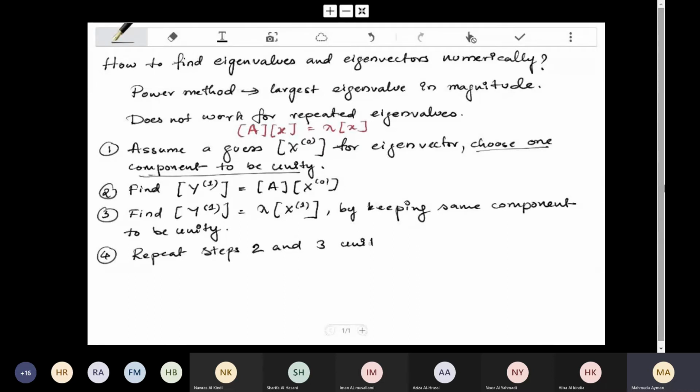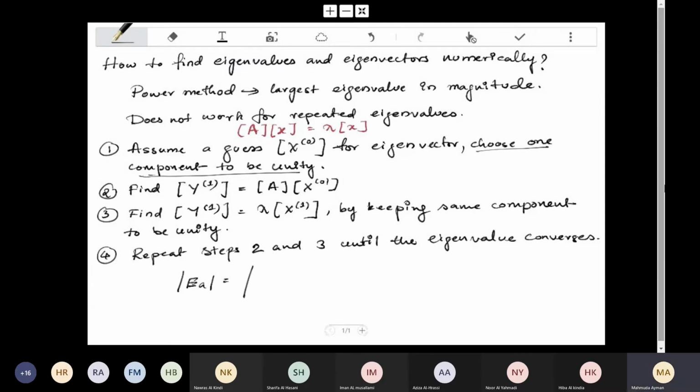So until the eigenvalue, or even the eigenvector, either one, converges. How will we know that the eigenvalue is converging? By finding the absolute relative approximate error.